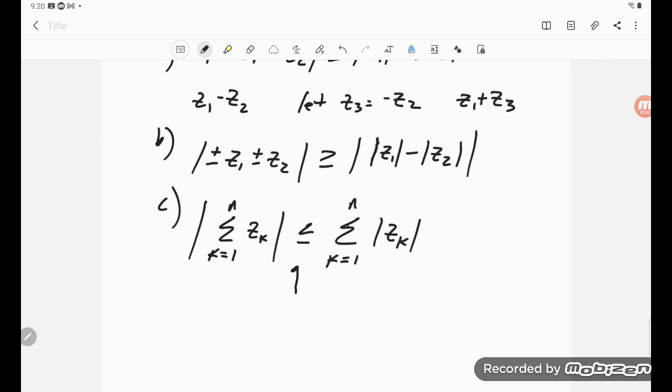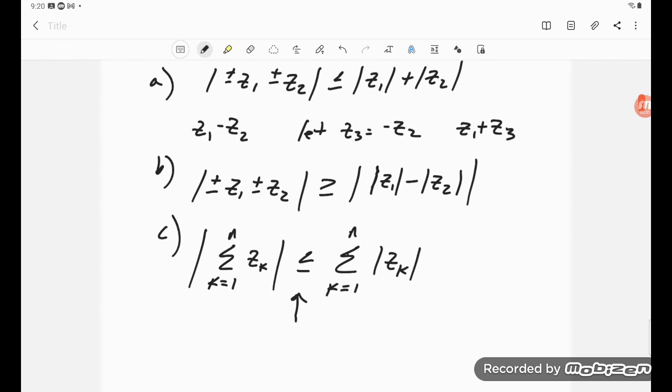But again, I need that inequality to say that. So those are the corollaries. And I think that completes section 1.3.